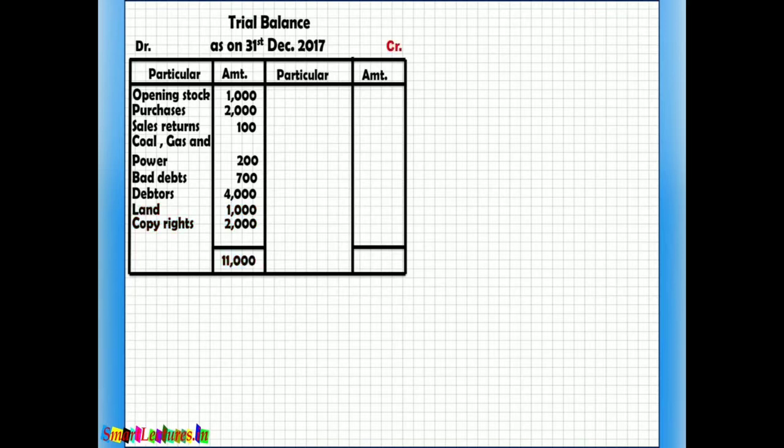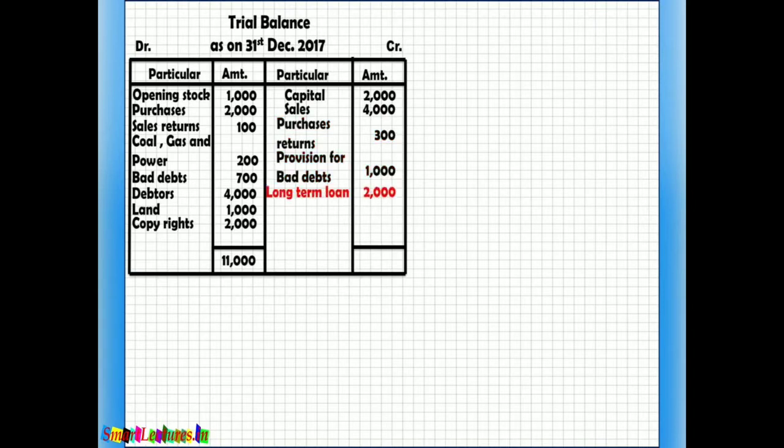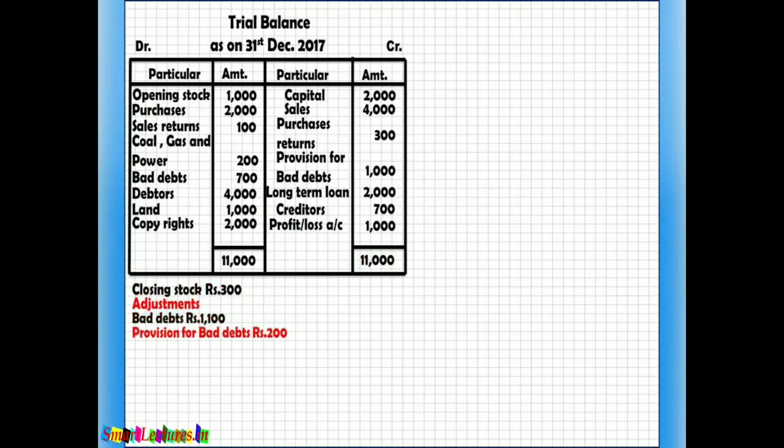Credit balances: capital 2000, sales 4000, purchases returns 300, provision for bad debts 1000, long-term loans 2000, creditors 700, profit and loss account 1000, total 11000. And at the footnotes, closing stock 300, bad debts 1100, provision for bad debts 200, provision for discount on debtors 300.